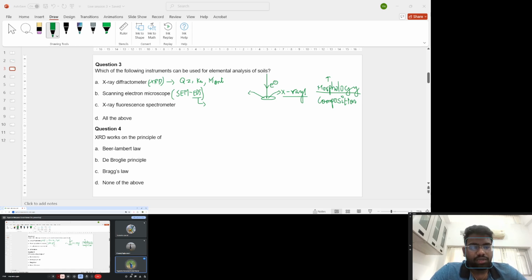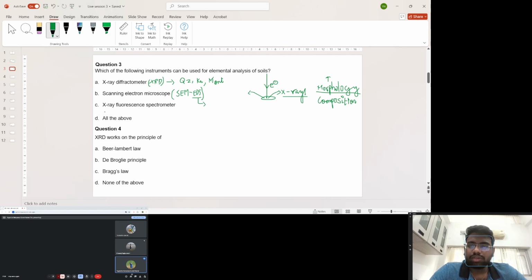Now, X-ray fluorescence spectrometer gives you the actual elemental composition in terms of oxides. If your material contains oxides or anything else, it will give it as oxides, chlorides, like that. X-ray diffractometer will give you minerals. Mineral, in the sense, quartz is SiO2.